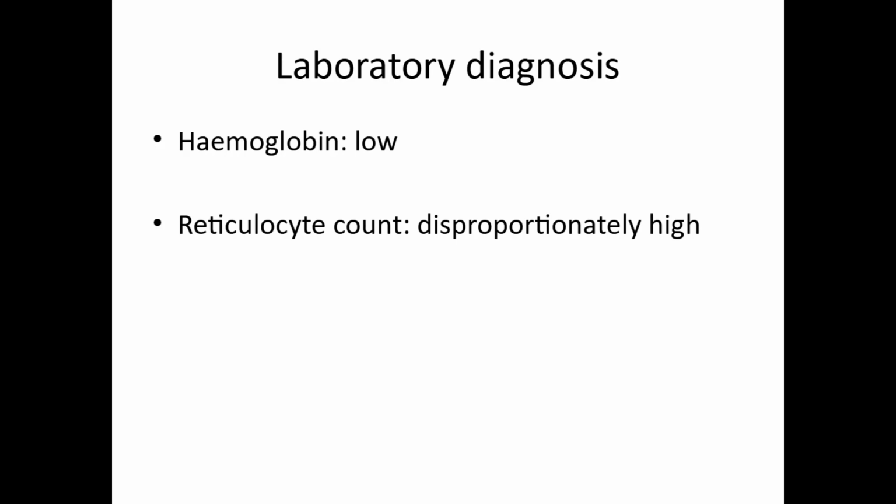In laboratory diagnosis, initially when we do a complete blood count, we will find that hemoglobin is very low. Then if we do a reticulocyte count using supravital stains such as brilliant cresyl blue, we'll find that the number of reticulocytes is disproportionately high in comparison to the anemia.